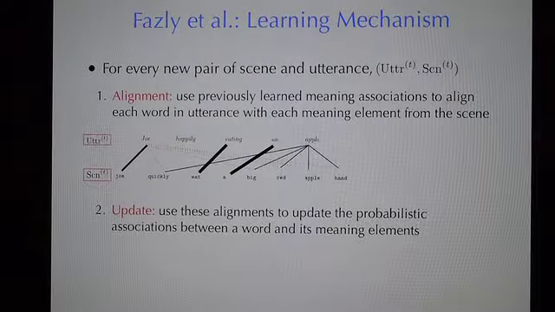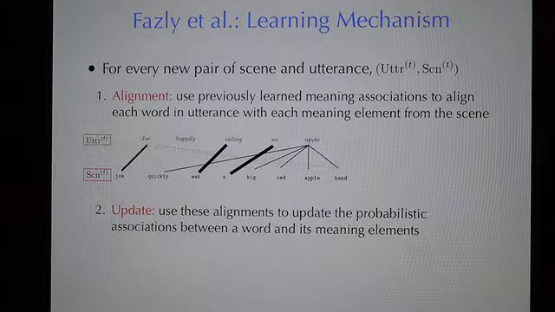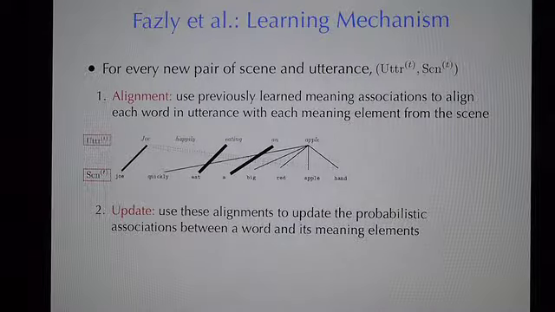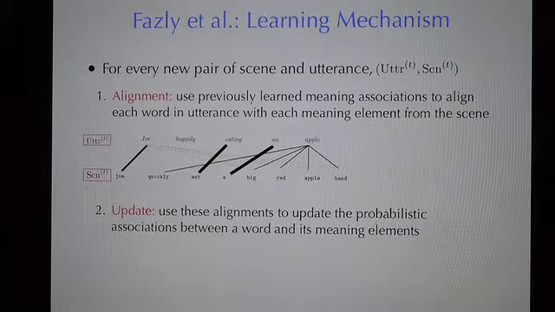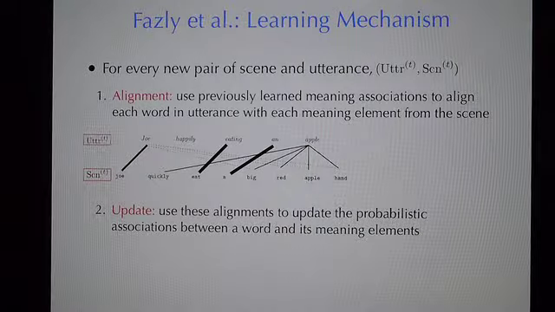Another hypothesis, another bias the model implements, is that if it knows that the meaning element is part of the meaning of another word in the sentence, then it doesn't really strongly align it with a new word. So there's a soft version of the principle of mutual exclusivity implemented in this model.